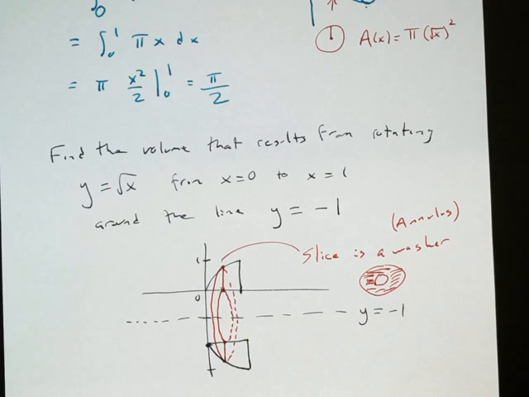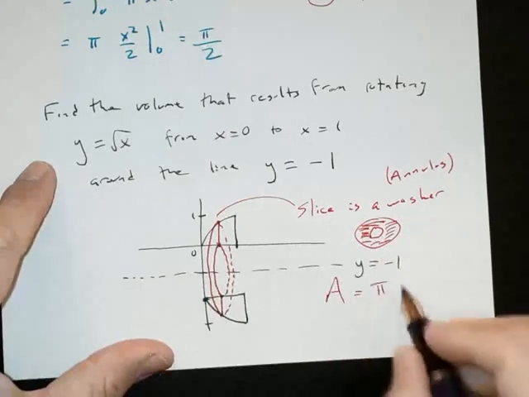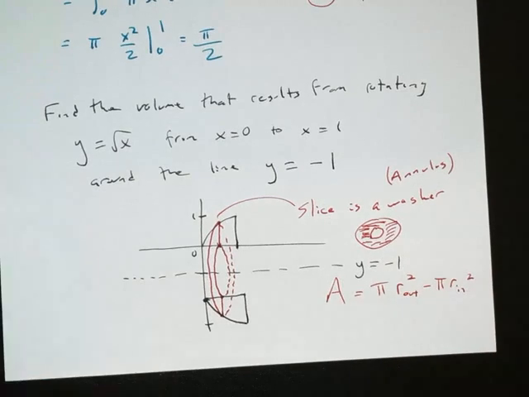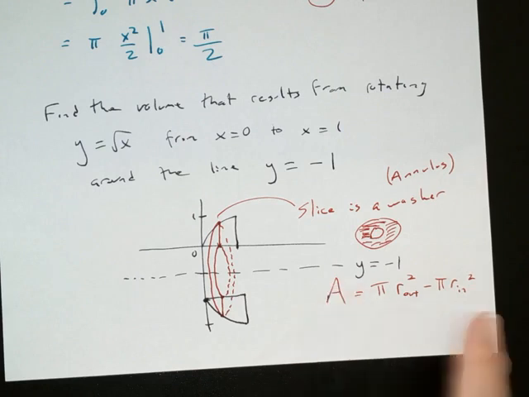I only want the area of the physical washer itself. So we take the area of the entire thing and then subtract the area of that one circle. Which means I need two circles, the outside circle and the inside circle. The area is a difference of two circles. And I'll use R out and R in for the outer radius and the inner radius. Some books use a capital R and a lowercase r. I'm good with just using the subscript to tell me which one I'm looking at.